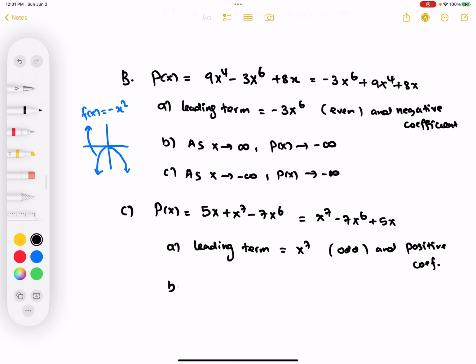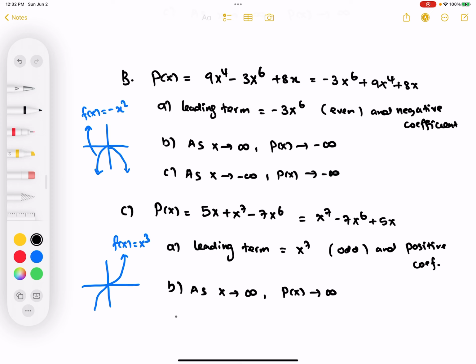The second one, as x goes to positive infinity, this p of x also goes to positive infinity. Now you can compare this one with this f of x is x cubed graph.